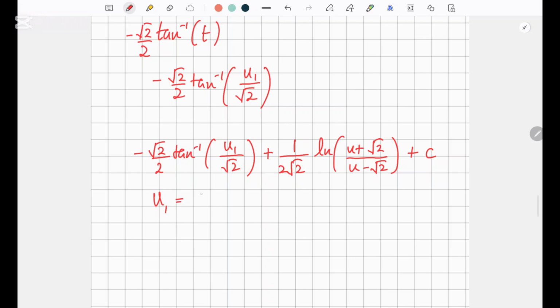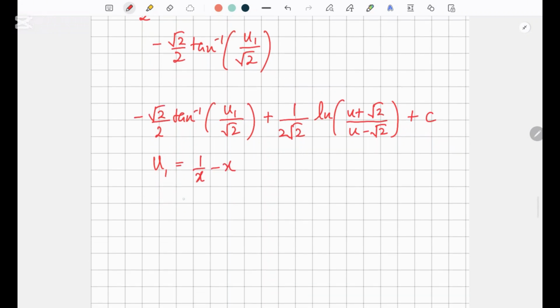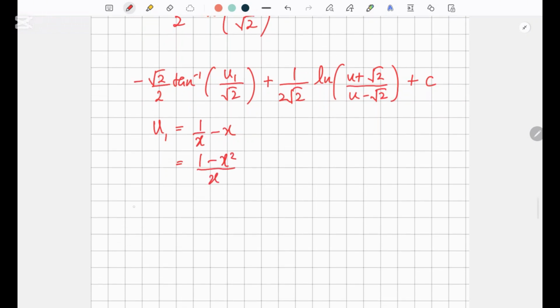We had u' equals 1 over x minus x, so you could rewrite that as (1 minus x squared) over x. So when you put that in, it's root 2 over 2 tan inverse (1 minus x squared) over root 2 x.